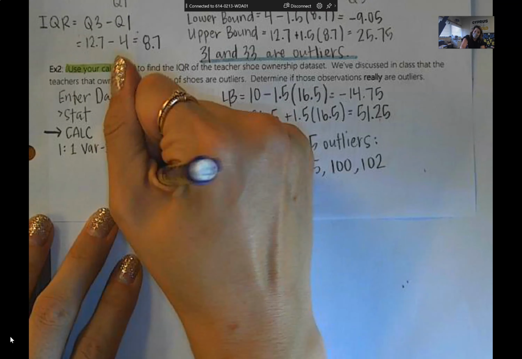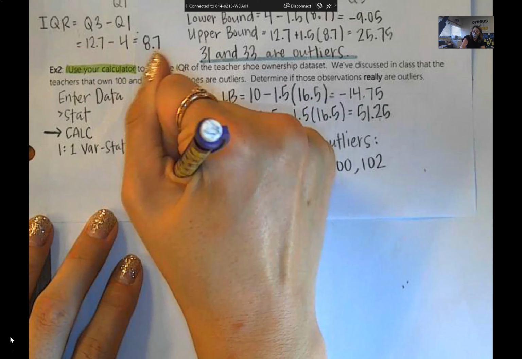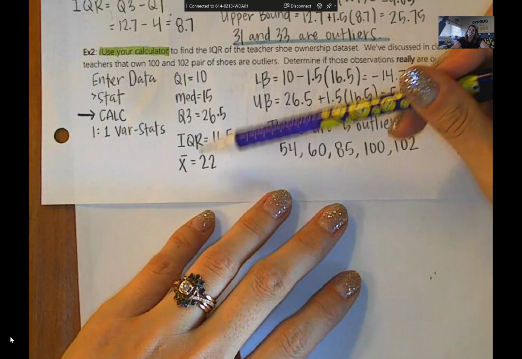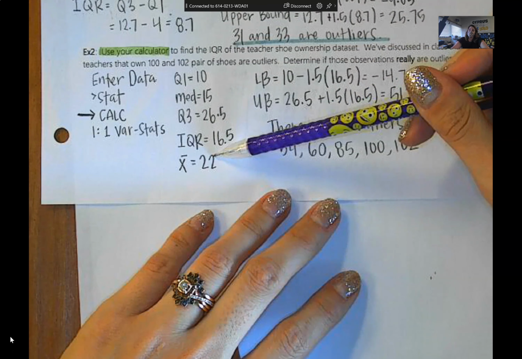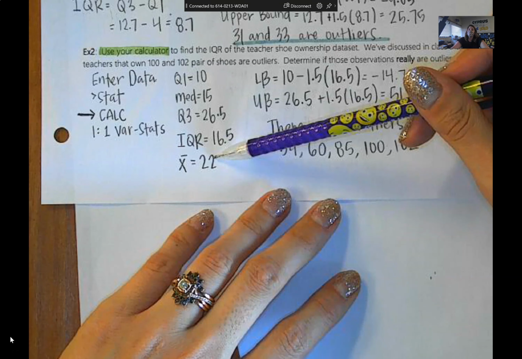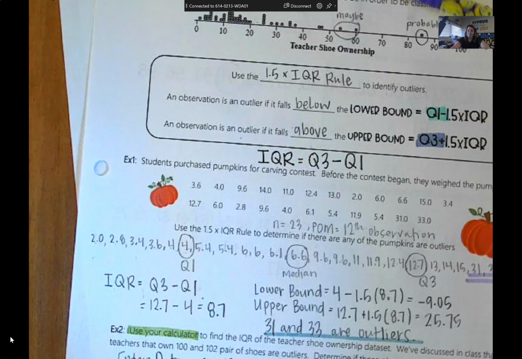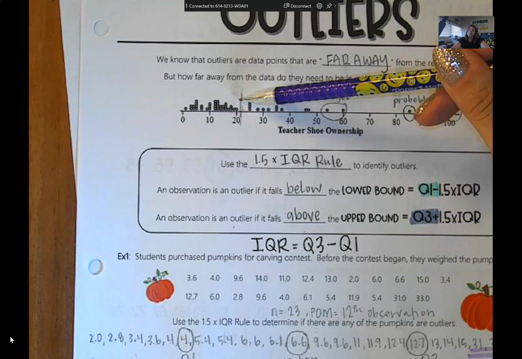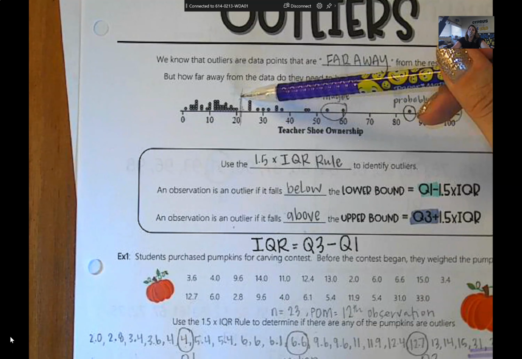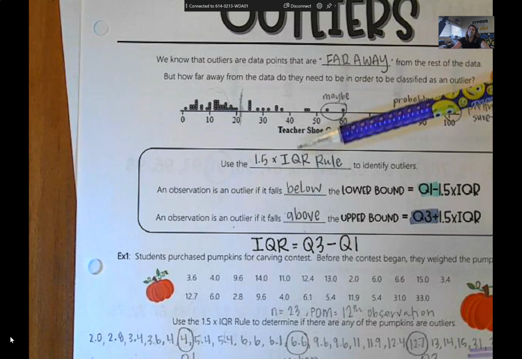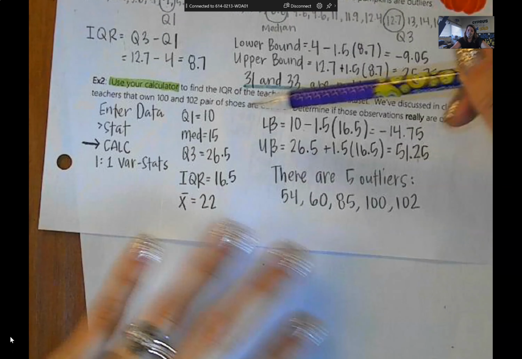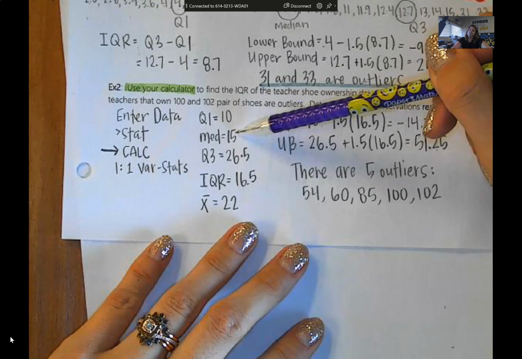Okay, so I remember from the one variable stats that the average for this data set was 22. That's like right here. The average was 22, but most of the data is below 22. Notice that the median, though, is 15.